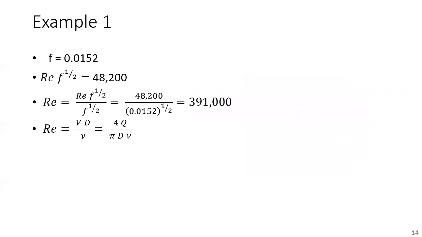So once you have the Reynolds number, you know that's equal to velocity times diameter over nu. Or remember, velocity is Q over A, which is the discharge over pi over 4 times the diameter squared. And if you substitute that into the expression for velocity, you get this second term.